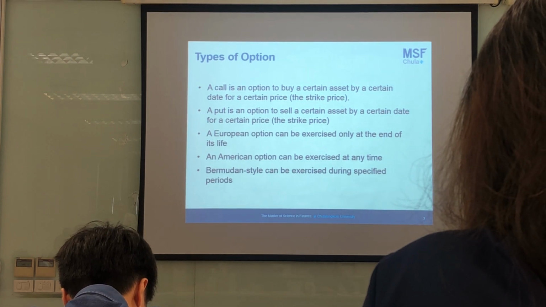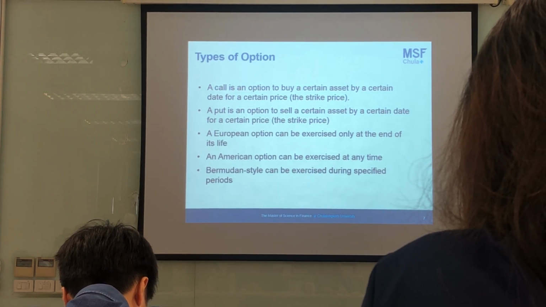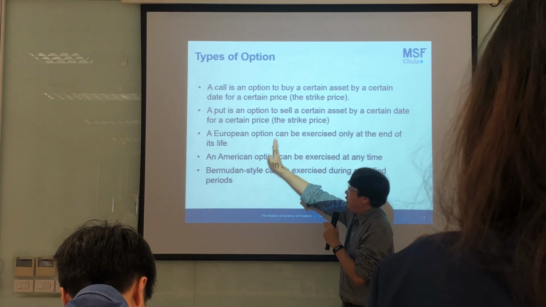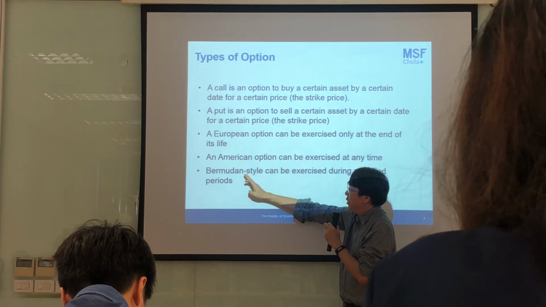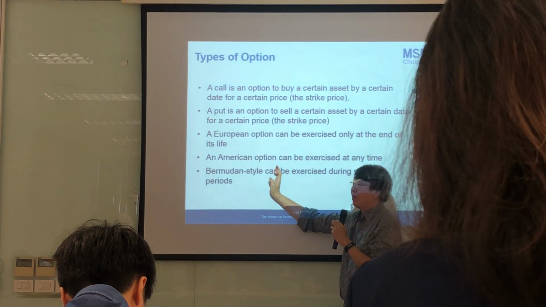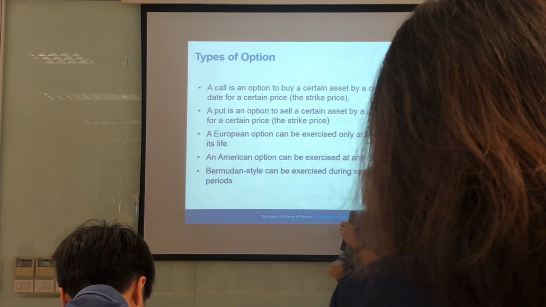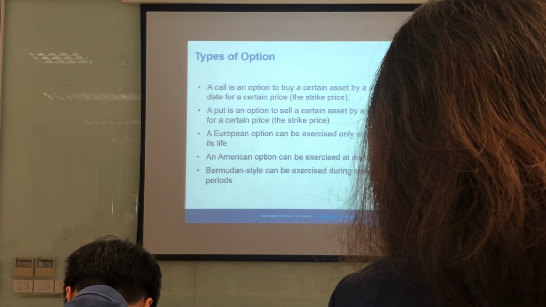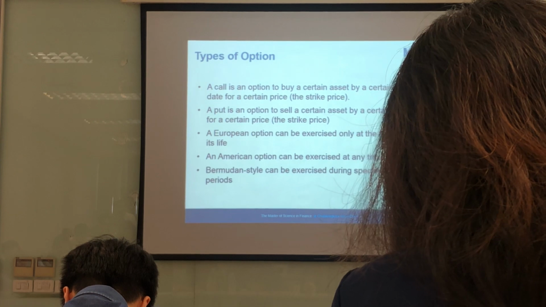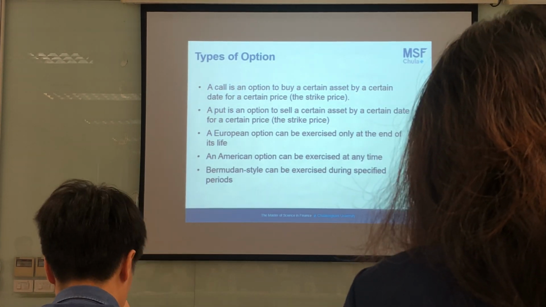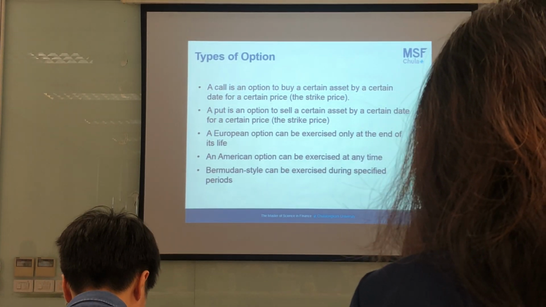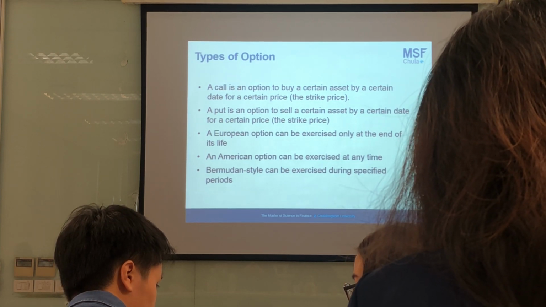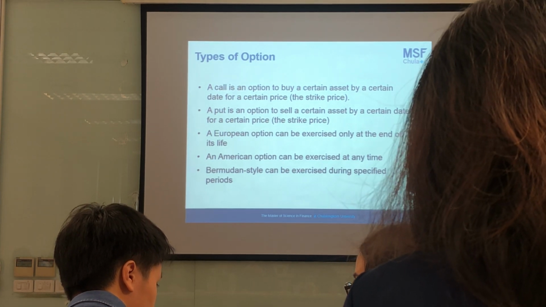We can also classify options in another way: European option, American option, and Bermudan style option. The European option is the option that you can exercise, say a European call option, only at the expiration date.